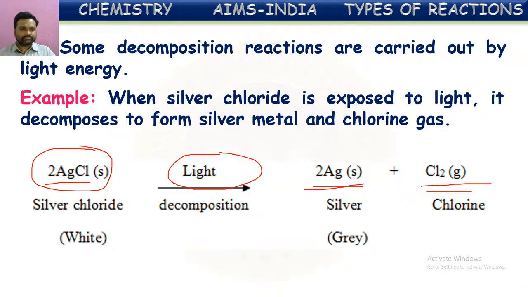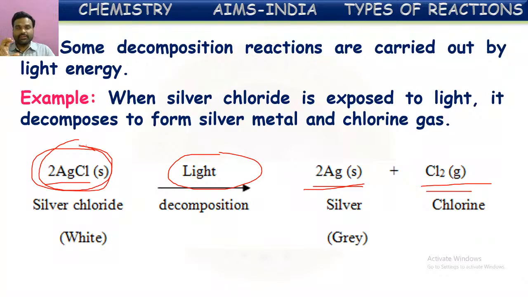That is why generally this silver chloride chemical substance is always stored in brown colored or dark colored glass bottles. We can see in the chemical laboratory so many chemical substances. Out of them, if you observe silver chloride, it won't be stored in transparent glass bottles.